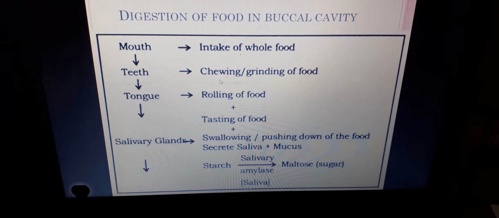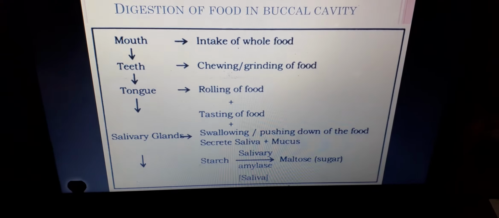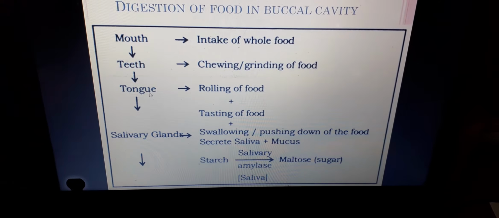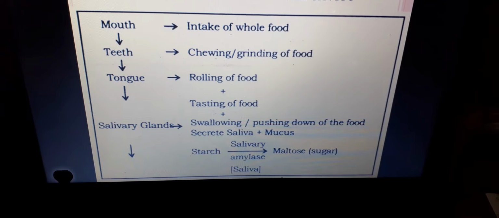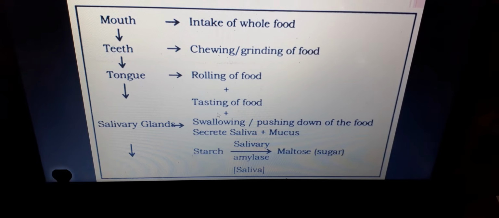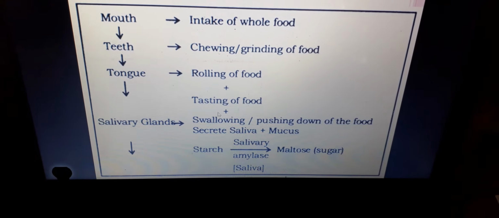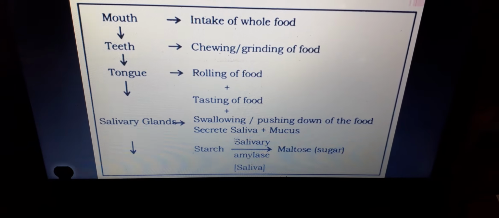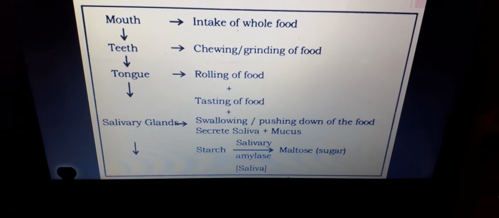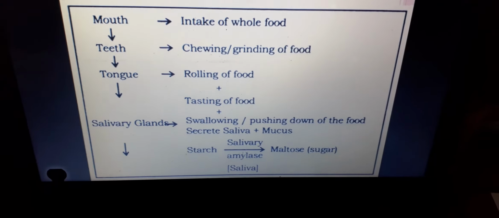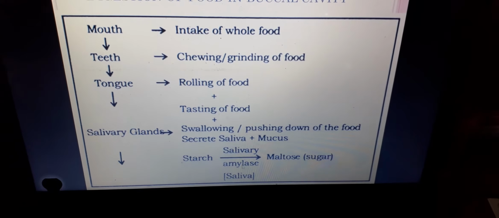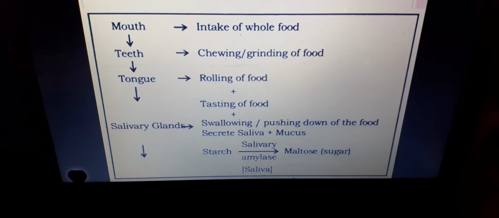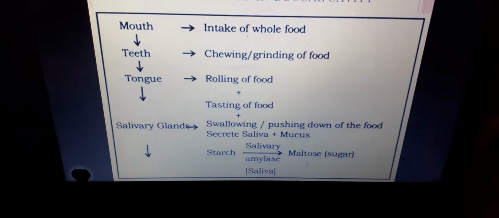Different types of teeth, molars and premolars, help in the chewing and grinding of food. The tongue helps in rolling of food, tasting of food and swallowing of food also. The salivary glands secrete saliva plus mucus, and this saliva contains one enzyme, salivary amylase, which changes starch into maltose.